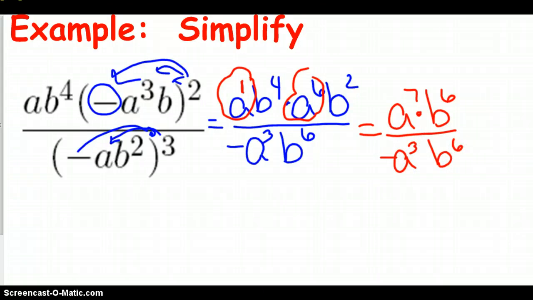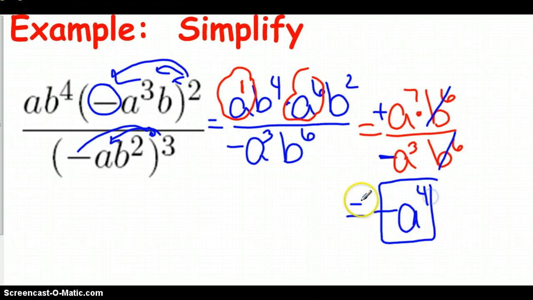Now it's dividing. It's the same, b to the 6th divided by b to the 6th, so we can cancel that. This is a positive divided by a negative, which is a negative. What do we do with the exponents? We subtract them. Good. So we have negative a to the 4th.